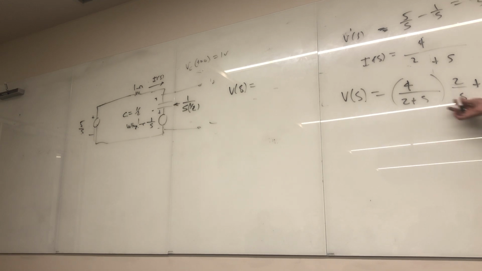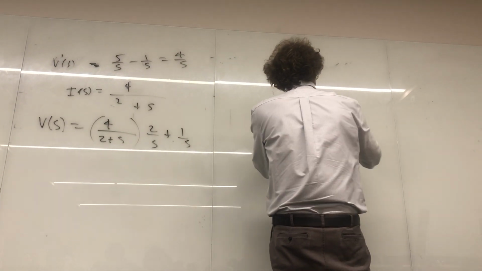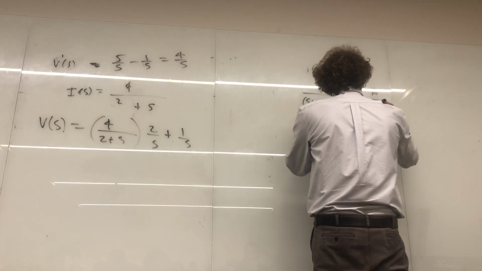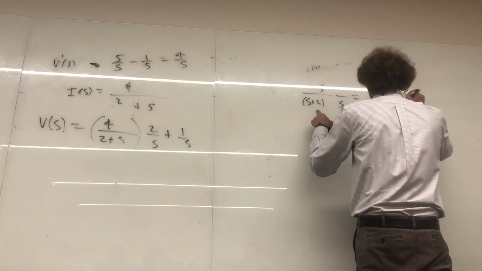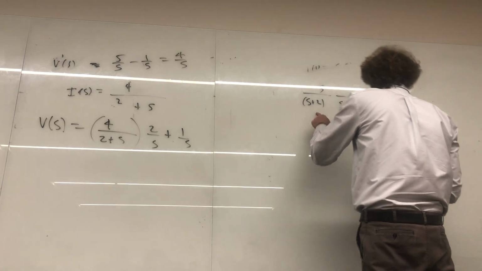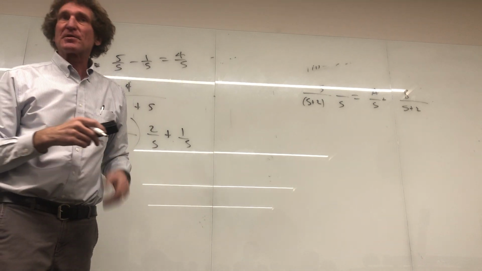But I'm going to do a partial fraction on this. So I have 4 over S plus 2 times 2 over S, and that means 8 over that, and I need that to go to some A over S plus B over S plus 2. I'm just restructuring this a little.